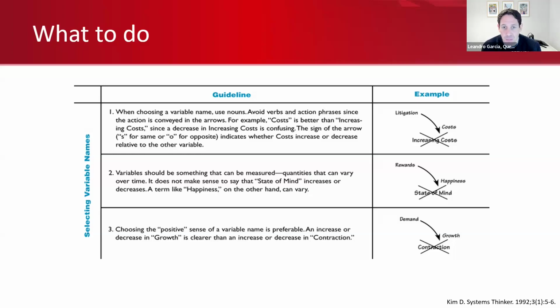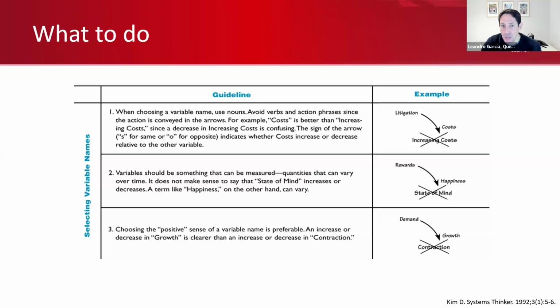Here's an example: litigation leading to costs, right? Initially, someone wrote increasing costs instead of costs. The reason it's considered not appropriate is that the increasing or decreasing aspect of this relationship is actually captured by the arrow. So if you just have costs, you can have litigations.